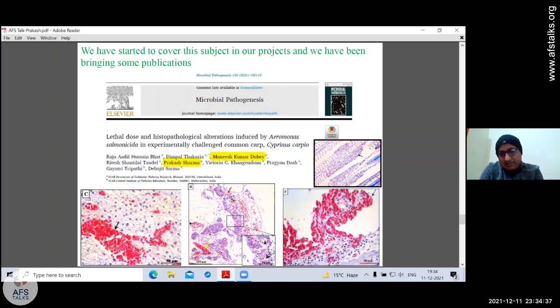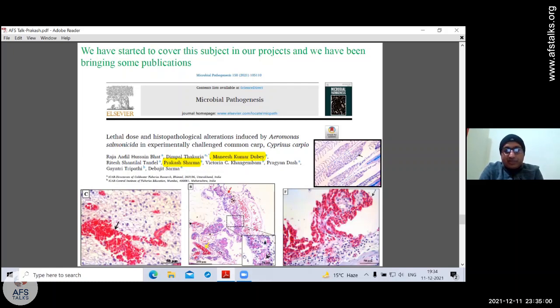This is the infection caused by Aeromonas salmonicida, and this is the histopathological response where red blood cells are everywhere in the intestinal fold, and the mucosa of the intestinal fold is completely gone, completely degraded.